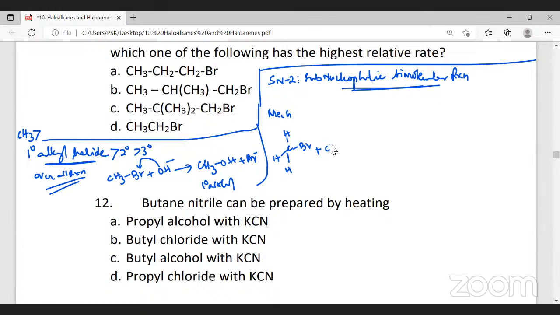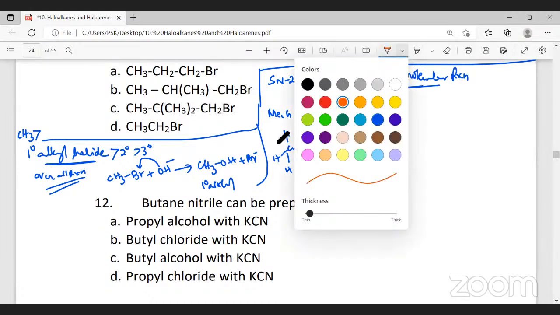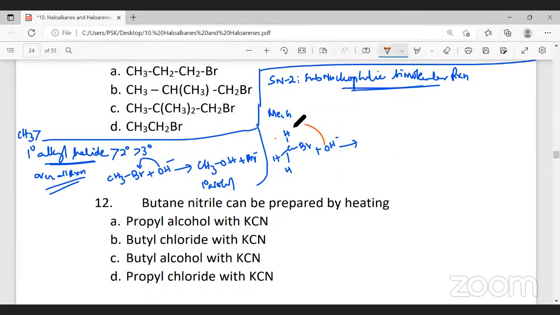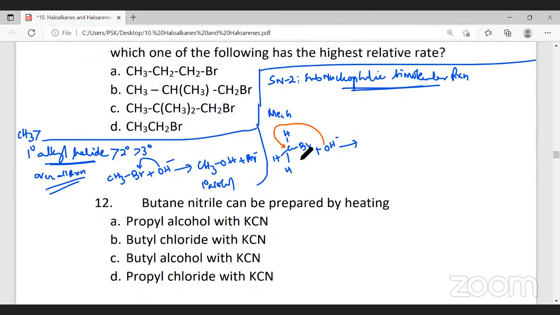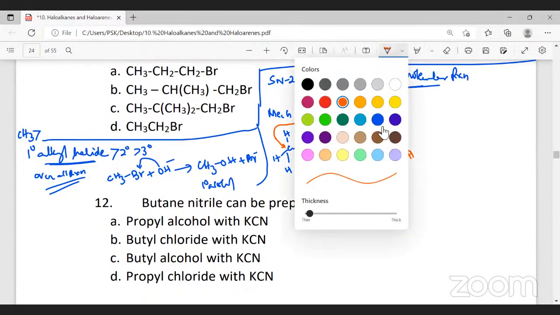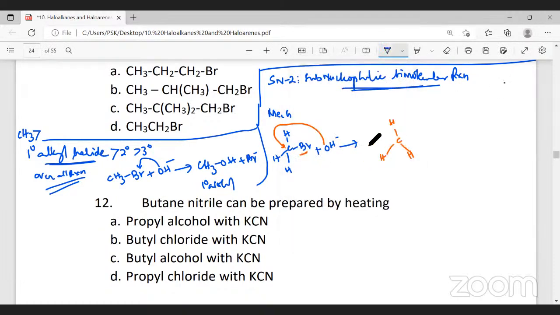When this reacts with OH minus, the OH minus attacks the carbon atom from the rear side, the back side, from the opposite side of the halogen, from the opposite side of bromine. So what happens at that time? We get a transition state, because carbon can have only 4 bonds. Carbon cannot have 5 bonds.